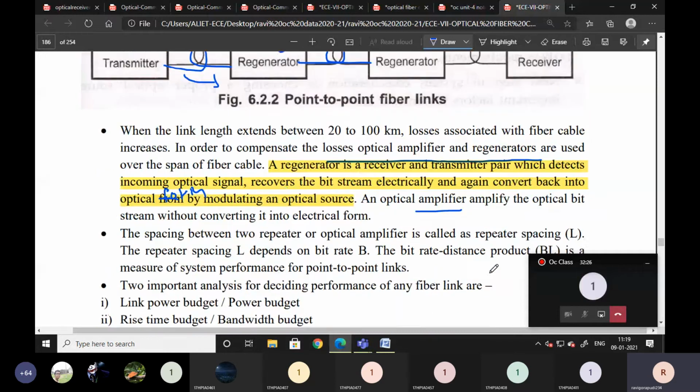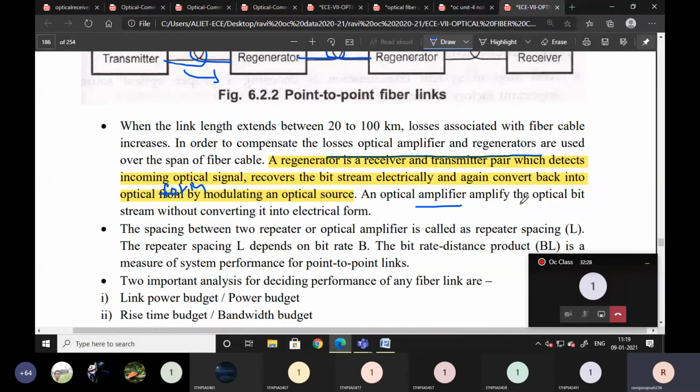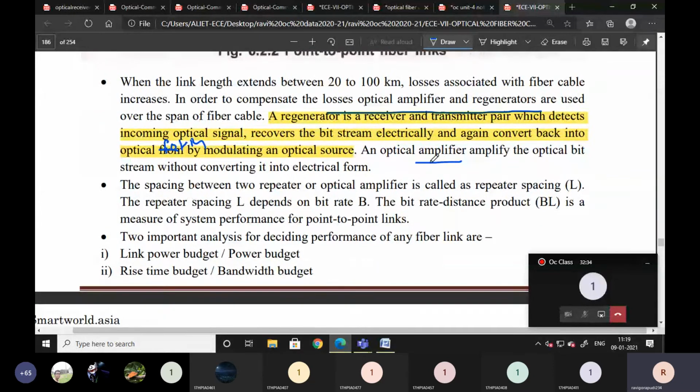The optical amplifier amplifies the optical bit stream without converting it into electrical form. Whatever light signal is already there can be amplified by the amplifier.